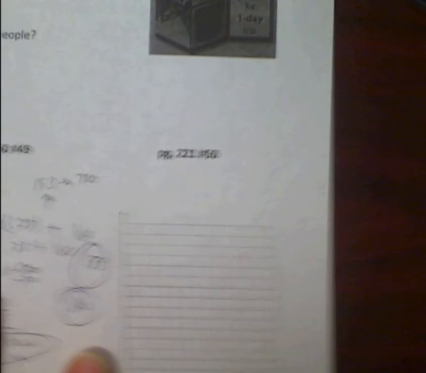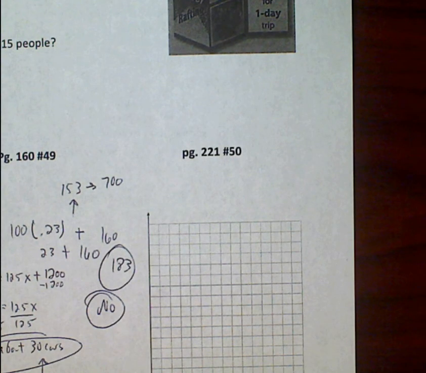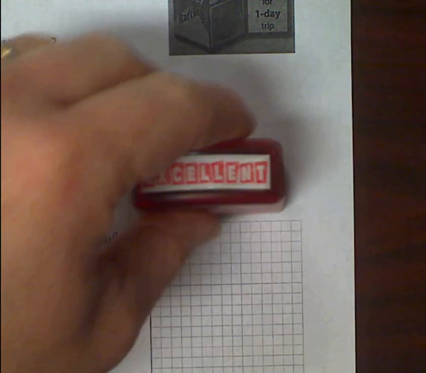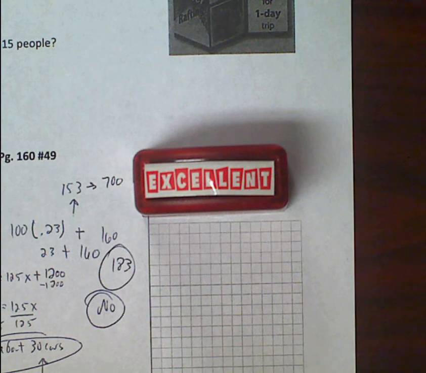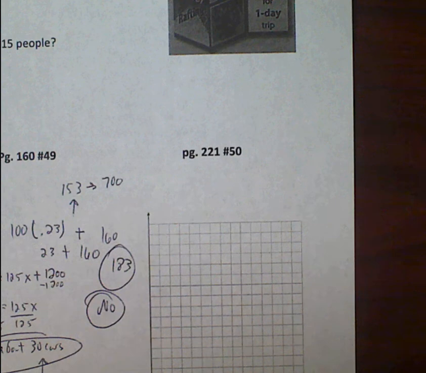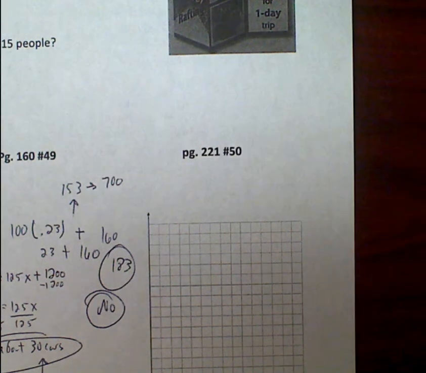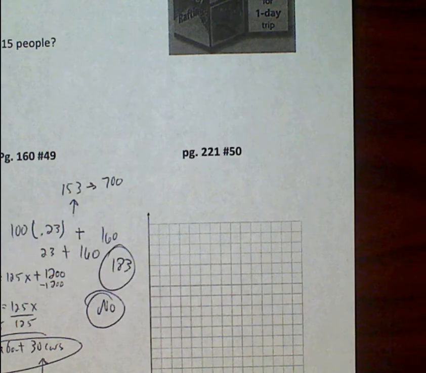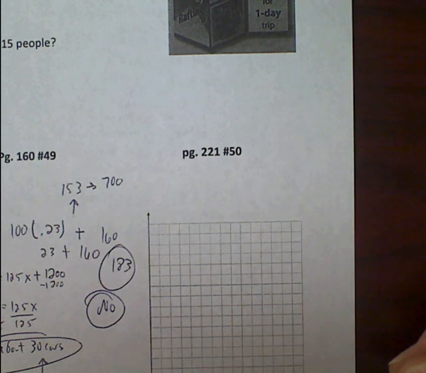So now we are on page 221, number 50. Okay? So go ahead and pause the video, get as far as you can, and try. On number 50, it says a rental company charges $8 per hour for a mountain bike plus $5 fee for a helmet.